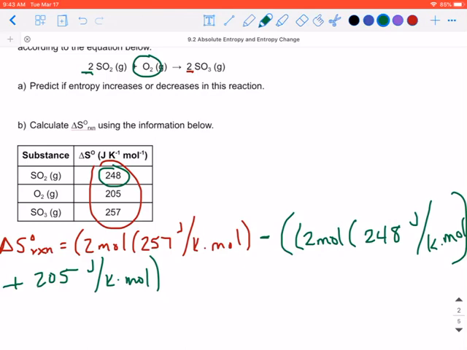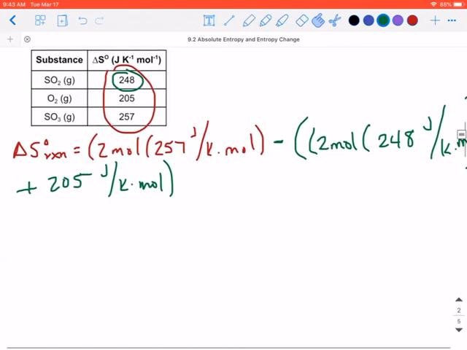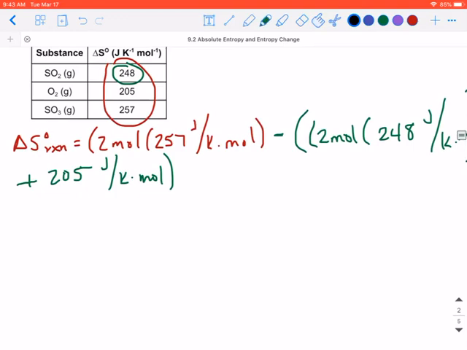Now if I solve this out, I get the change in the standard entropy of the reaction equals 514 minus 701.